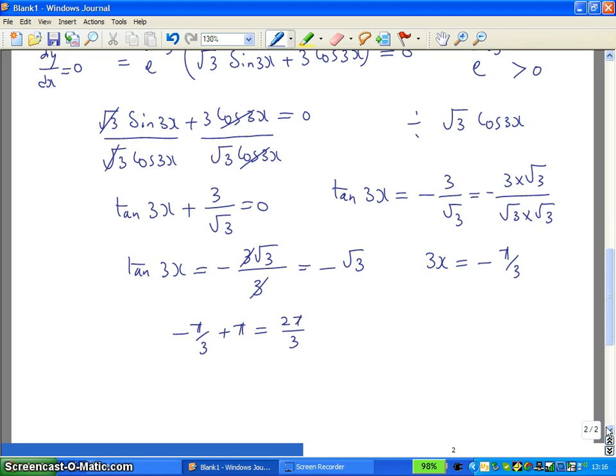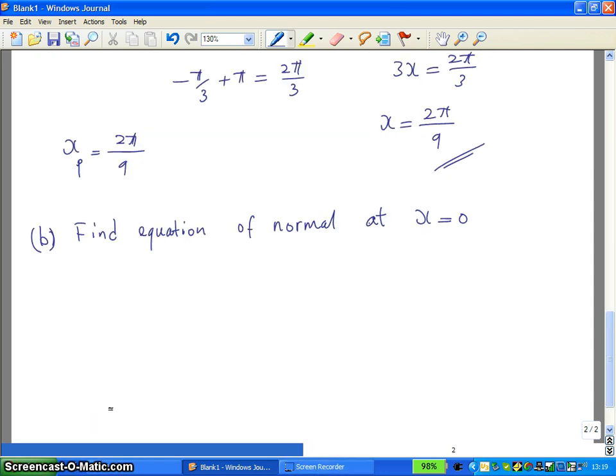So 3x must be equal to 2 pi divided by 3. So from here, x is equal to 2 pi divided by 9. Okay, so the x coordinate of P becomes equal to 2 pi divided by 9.